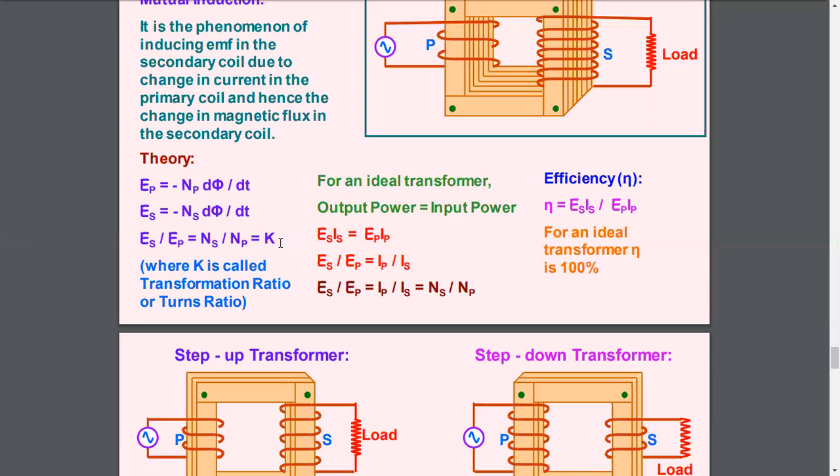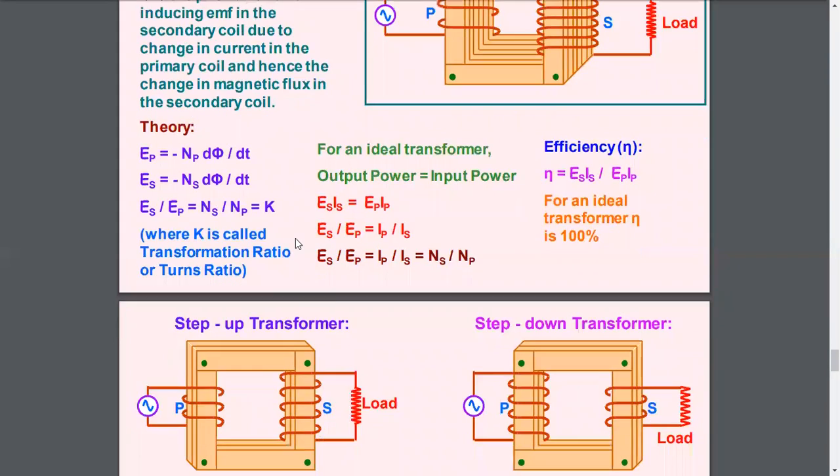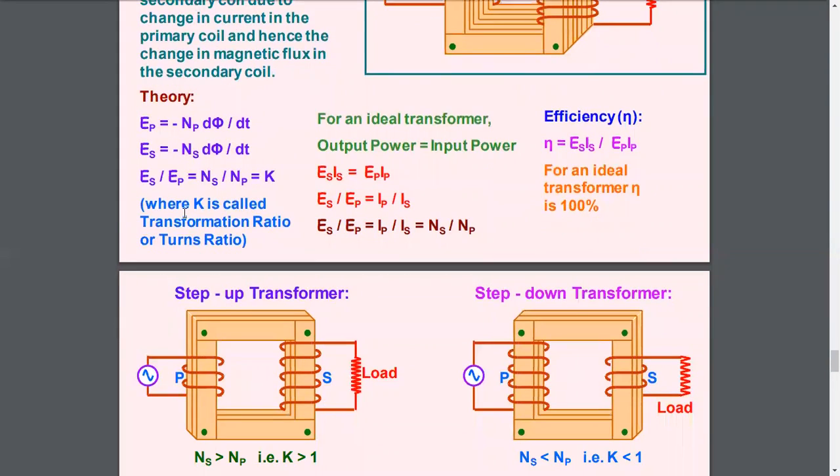So we see that the ratio of EMF induced in the primary coil due to variation of current in it, and that produced in the secondary coil due to change in flux because of the primary coil, is just equal to the ratio of the number of turns in the secondary coil to that in the primary coil, and remains constant as long as the number of turns in the coils remains constant. Therefore, K itself is called the transformation ratio.